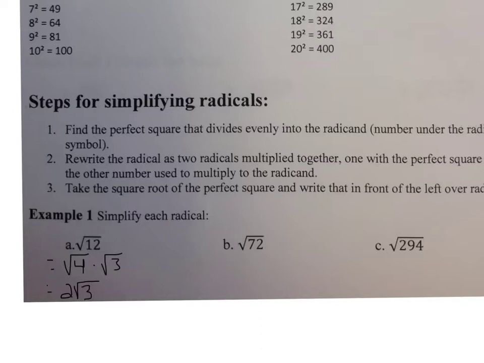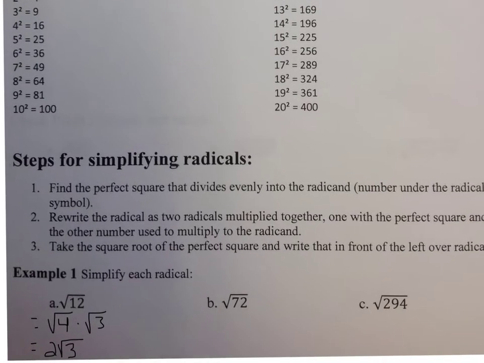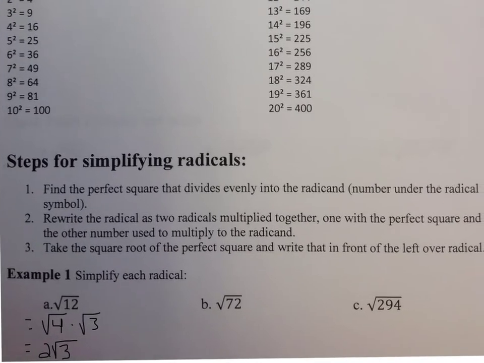Let's do 72. Now when you start getting these larger numbers, this list will also help you. The easiest thing to do, because you don't know where to start on the list, is take the number and cut it in half. So half of 72 is 36. Let's start right there. If we look at our numbers, we see we've got 36 right there in our perfect square set.